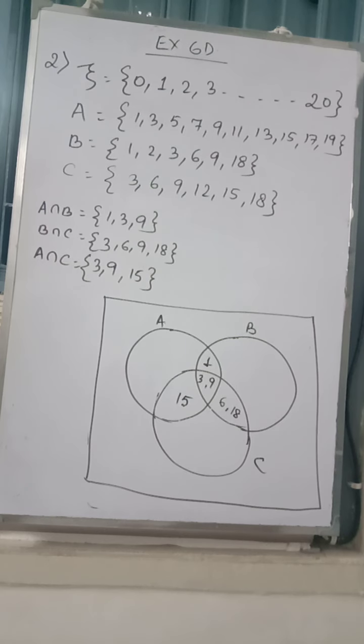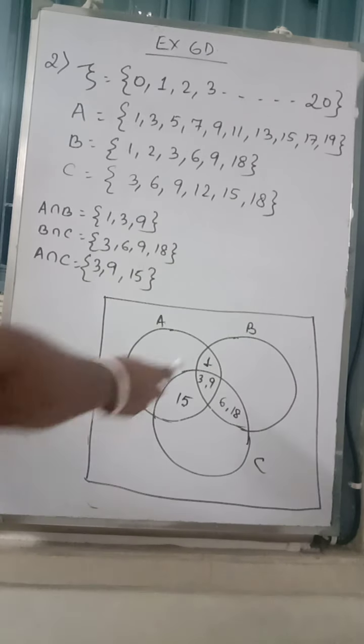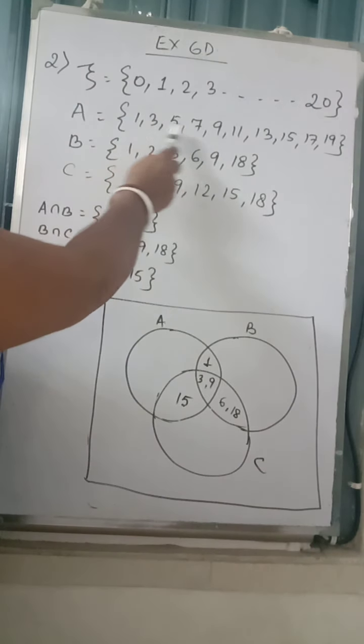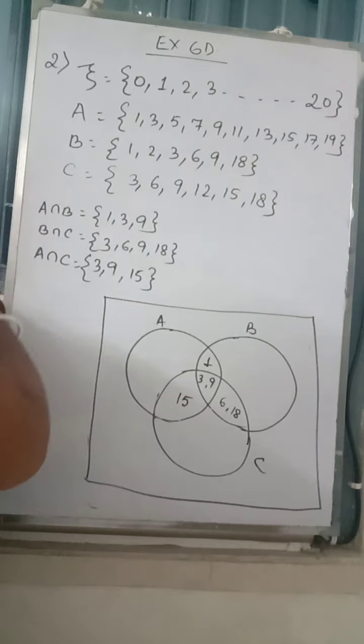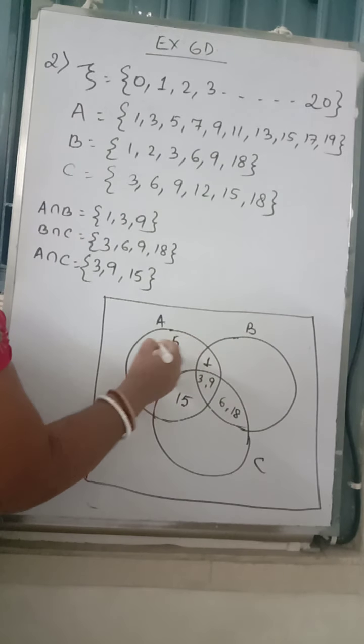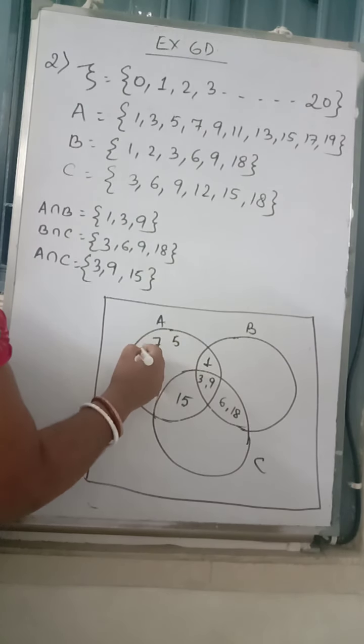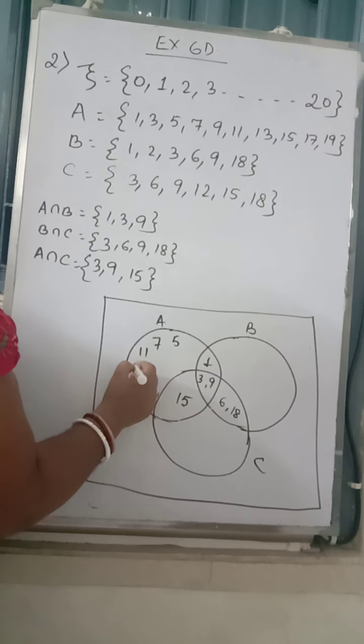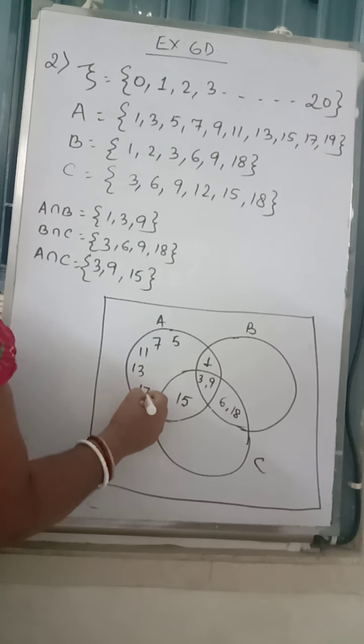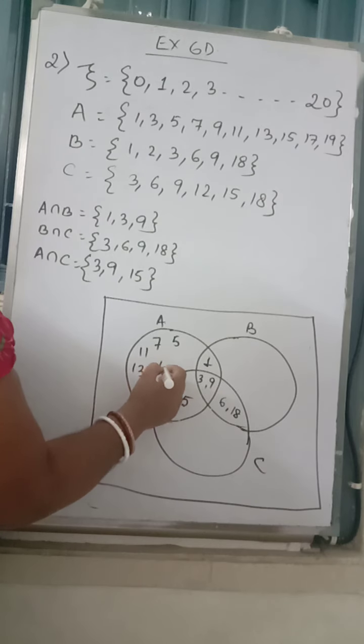B and C had 6 and 18 in common, and A and C had 15. Now other than 1, 3, 9 and 15, I am left with 5, 7, 11, 13, 17 and 19.